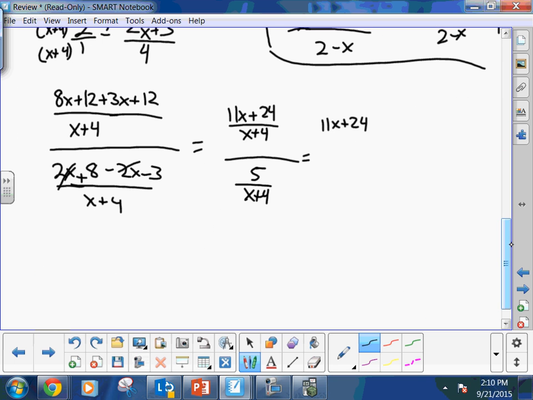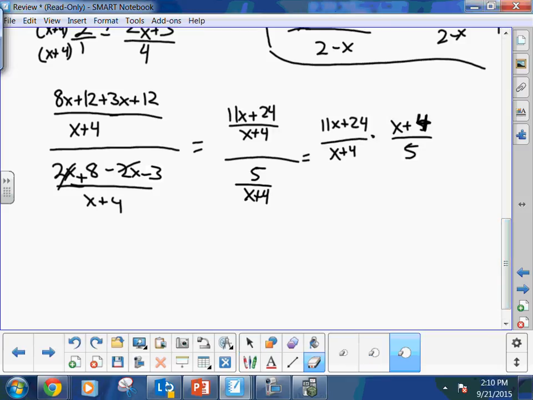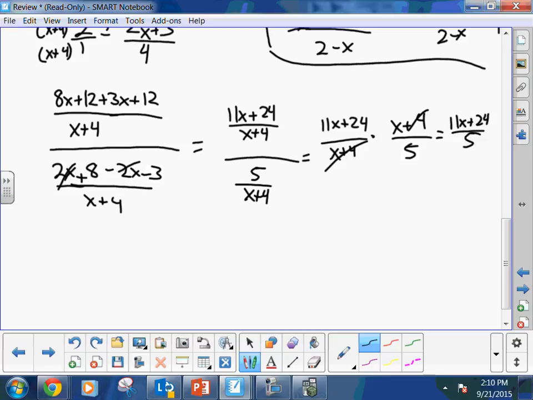So what is happening is with this one, when I do my last step and I multiply by x plus 4 over 5, oops, actually, this should be 4, not 5, there should be 4. When I do my last step, I'll find out that when I do the g of f, I'm not left with an x. I'm left with 11x plus 24 over 5, which means that they are not inverses.